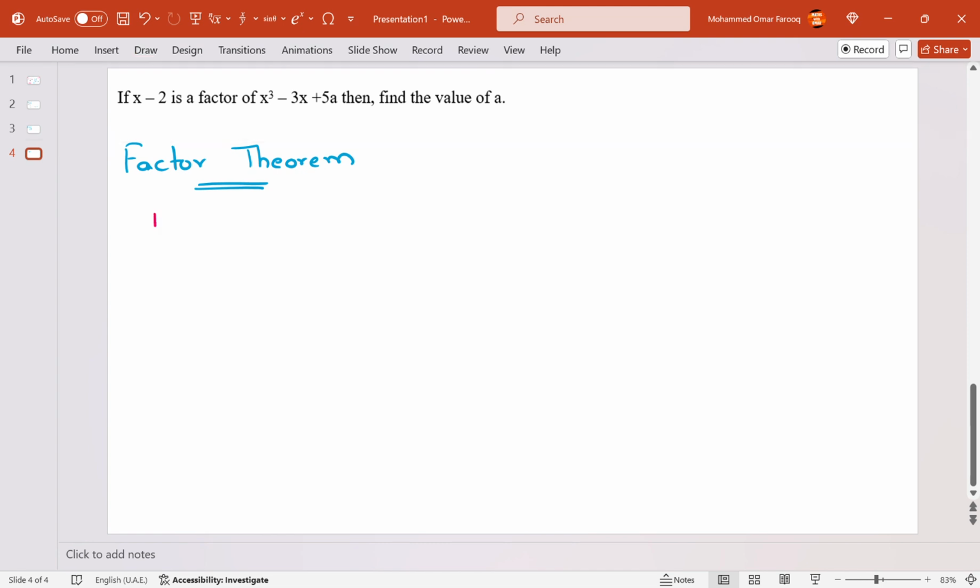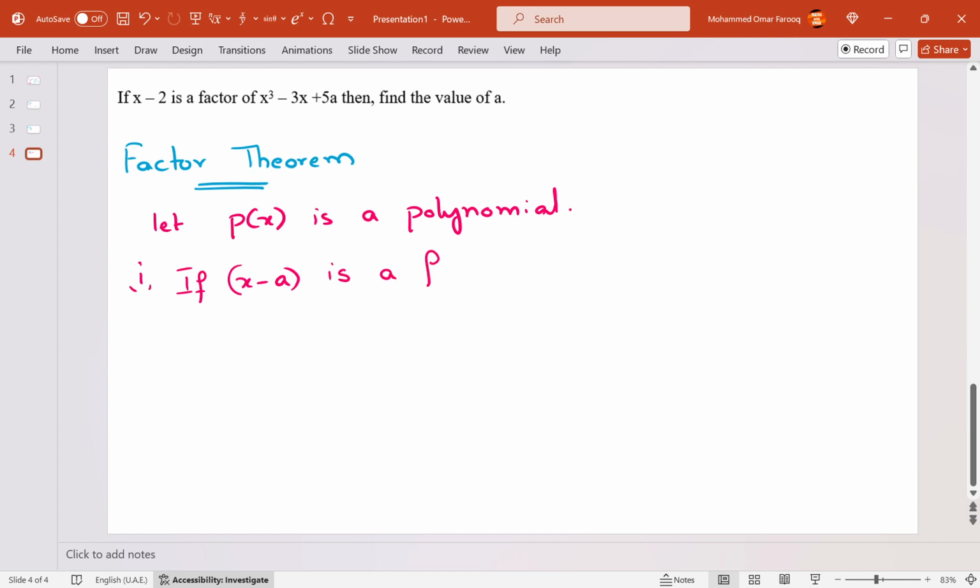So let p of x be a polynomial. And in the first case, if x minus a is a factor, then p of a is equal to 0.